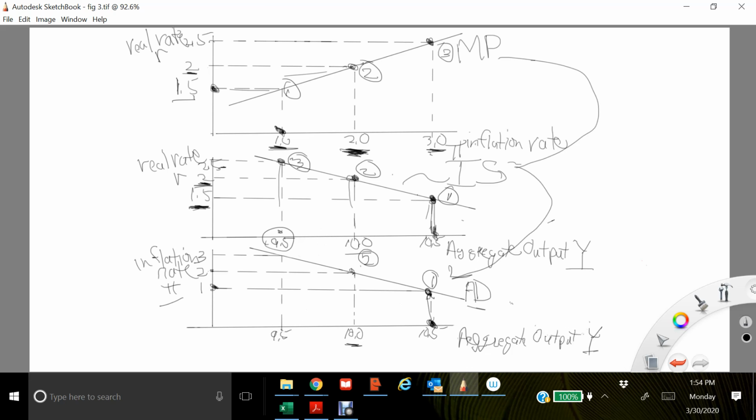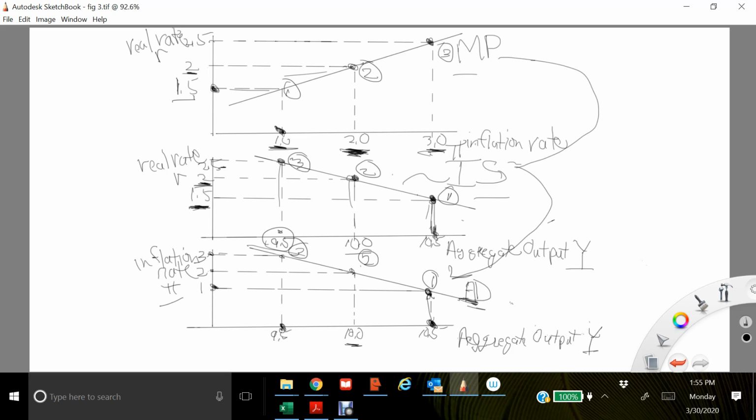So we look here at 9.5, and we know we started out with an inflation rate of 3, which is here. That gives us a third point. We graph these 3 points, and it's a relationship in the monetary policy curve and the IS curve. We call that the aggregate demand curve. Okay.